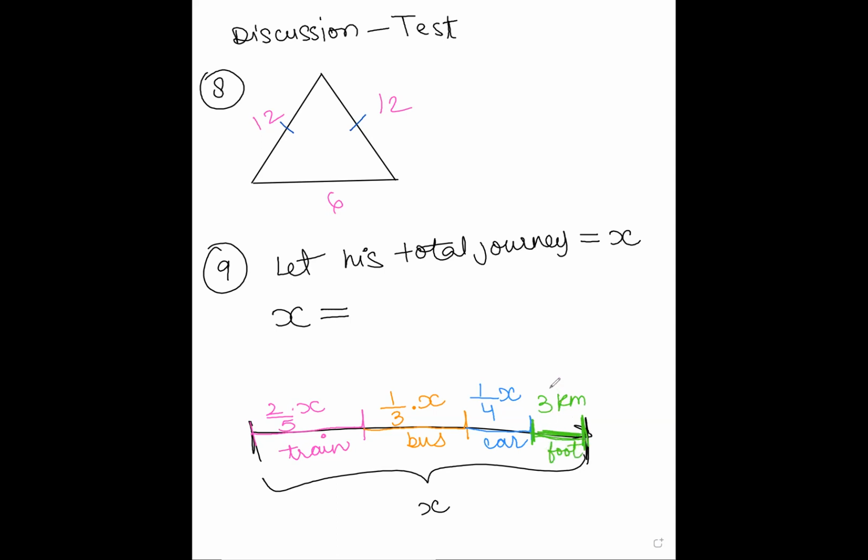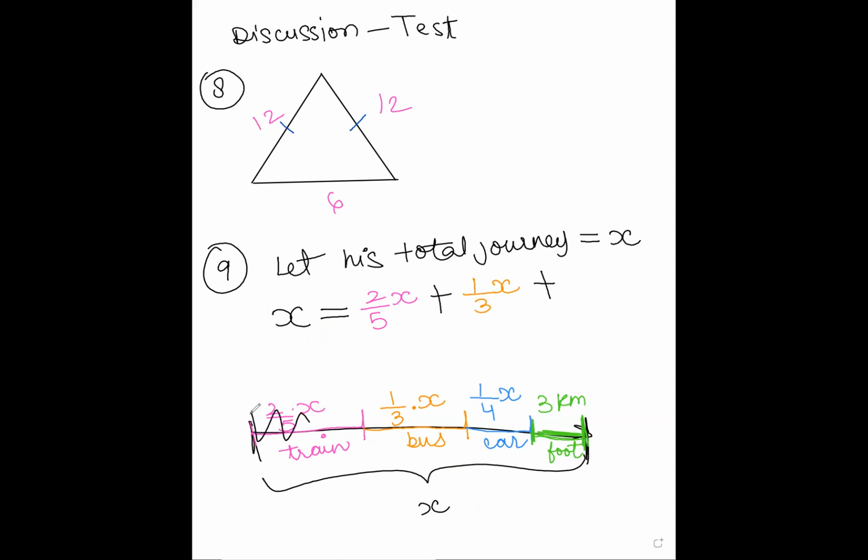Okay. So can we say that this x becomes equal to 2/5 of x plus 1/3 of x? Does it make sense, Hiba? Yes, because we are going to add it.